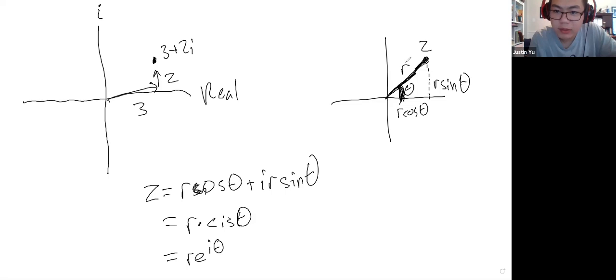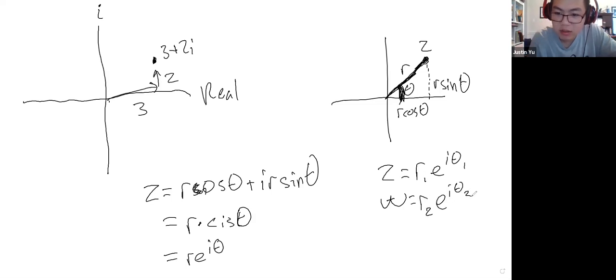So let's say we were trying to multiply two complex numbers z and w. And z was equal to r1 times e to the i theta 1. And w was equal to r2 times e to the i theta 2. All right, just different representations. Now what happens when we multiply zw?